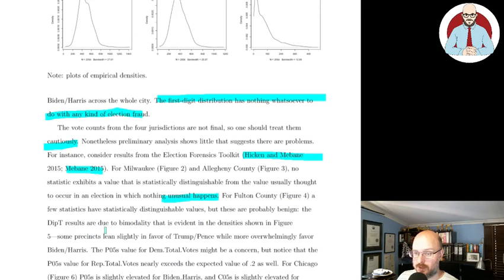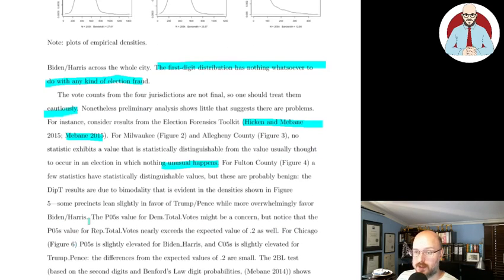The DIP-T results are due to bimodality, that is evident in the densities shown in Figure 5. Some precincts lean slightly in favor of Trump-Pence, while more overwhelmingly favor Biden-Harris. The PO5S value for Dem total votes might be a concern, but notice that the PO5S value for Rep total votes nearly exceeds the expected value of 0.2 as well.